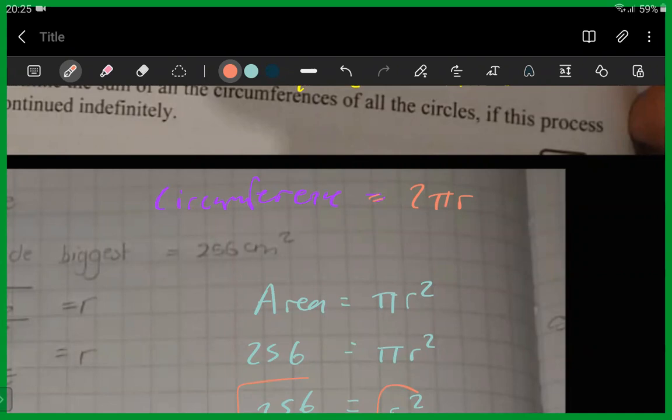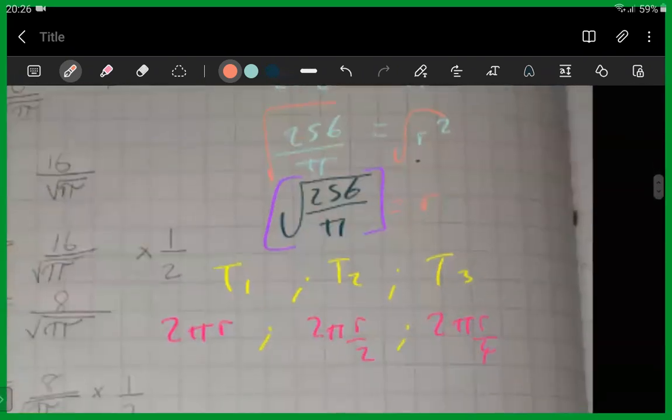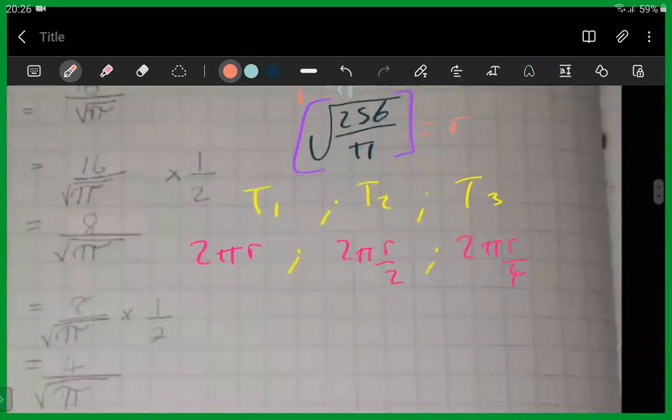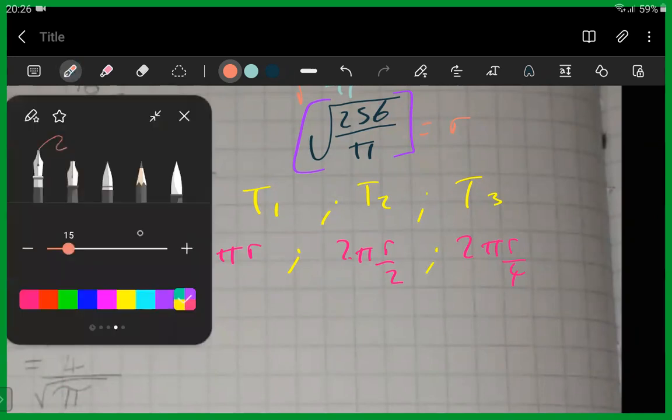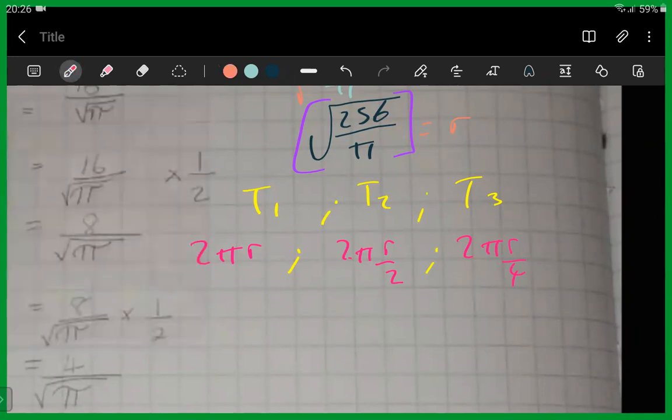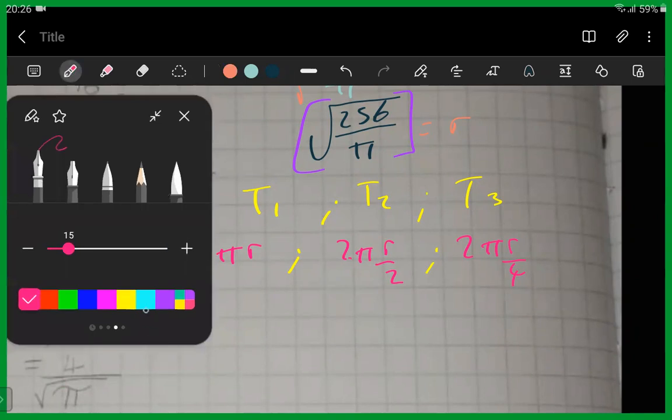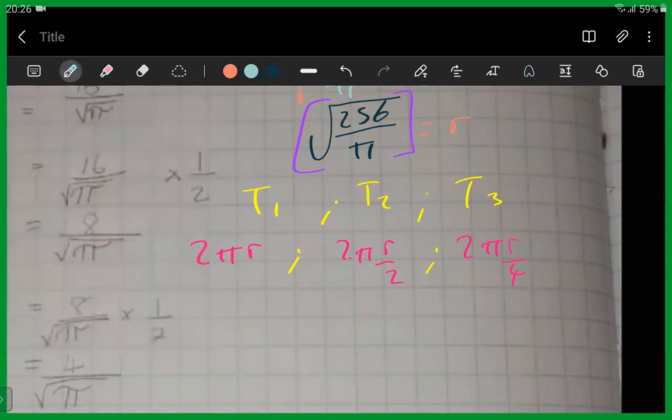So from here, we said 2 pi r over 2, 2 pi r over 4, going on and on, so that now you can easily work out your first term, second term, and third term.